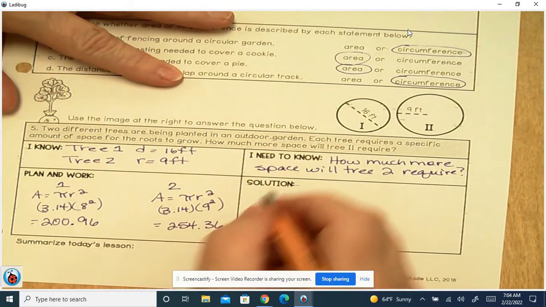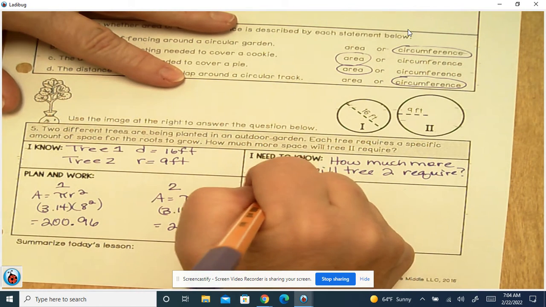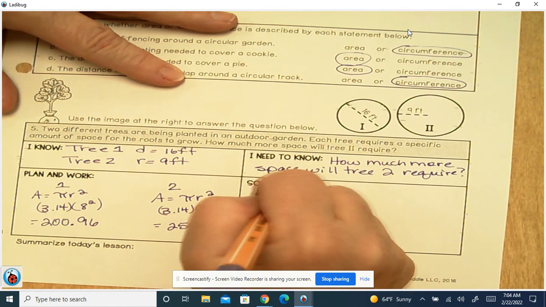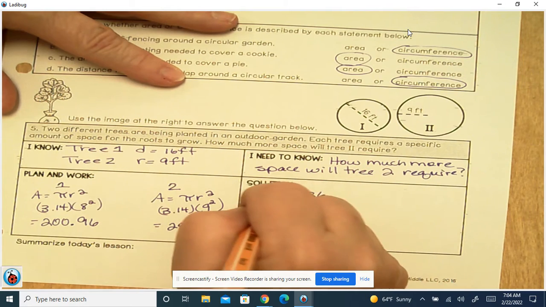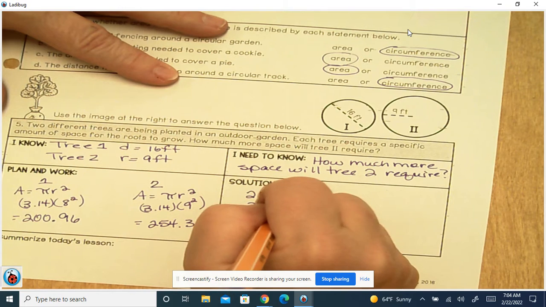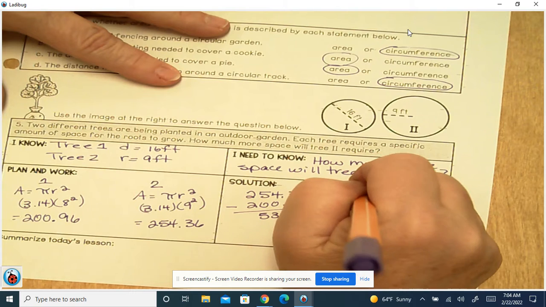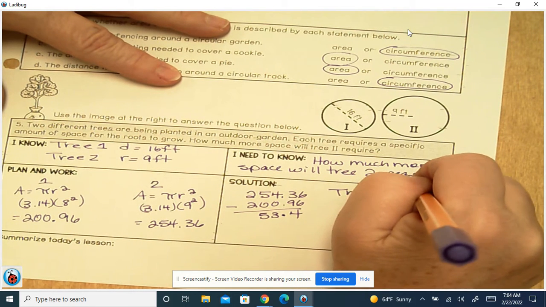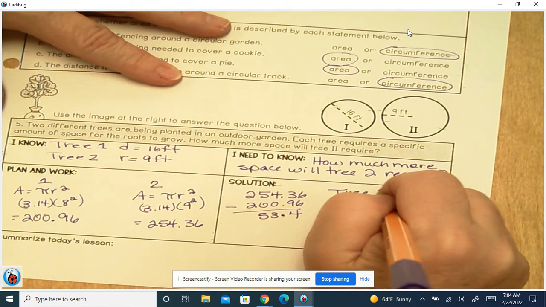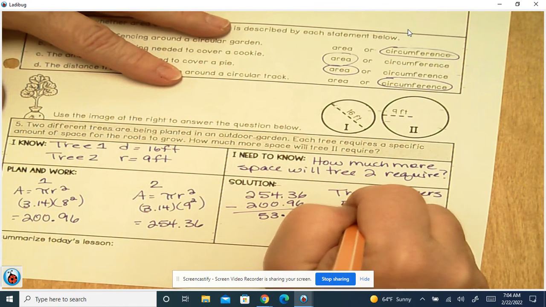So tree 2 is already bigger than tree 1, but let's see the difference. 254.36 minus 200.96, and you get 53.4. So tree 2 covers 53.4 square feet more than tree 1.